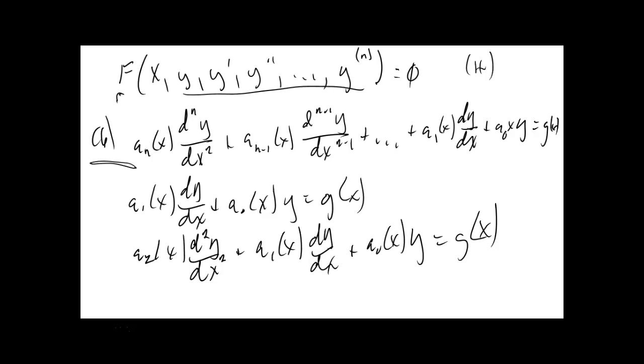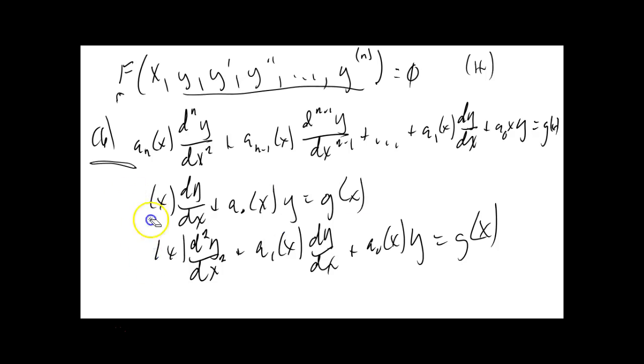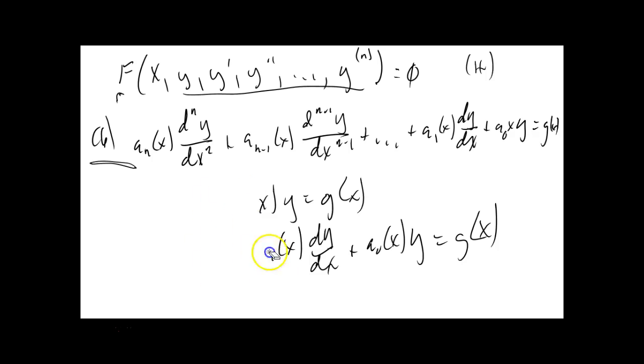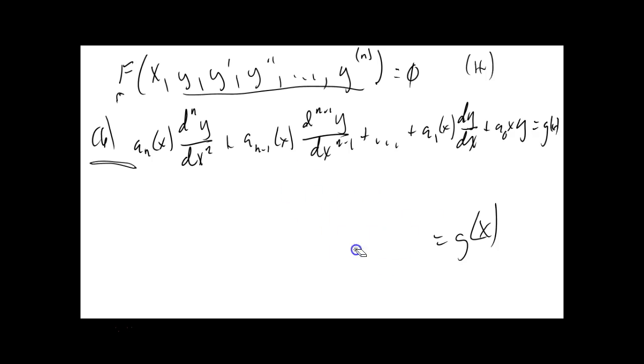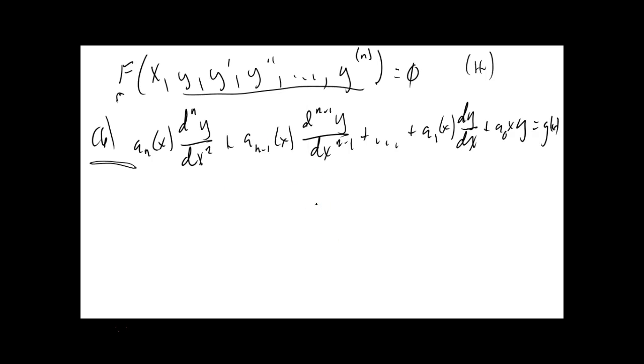Now, I don't have much room, so what I'm going to do is erase these things. That was my first and second order linear ordinary differential equations. Now I want to mention that equation 6 again, but refer to it up there.